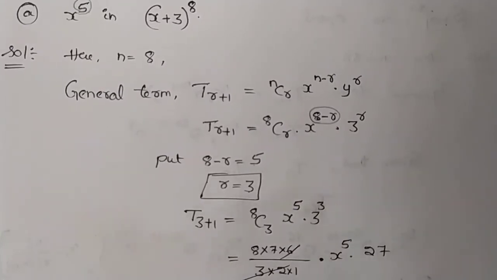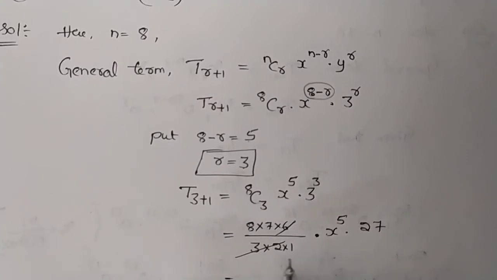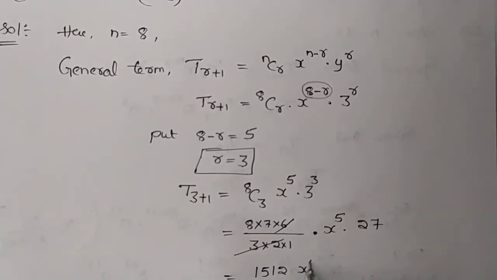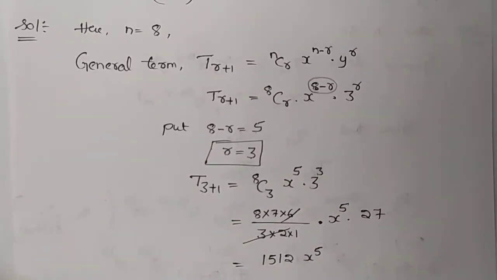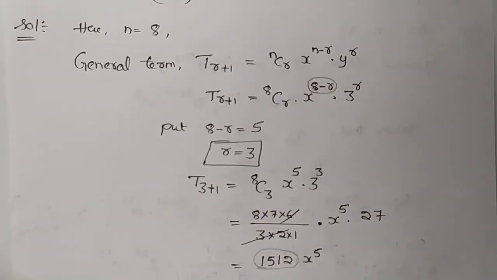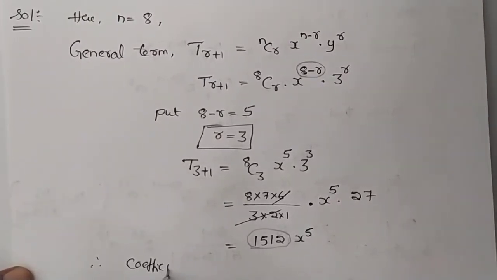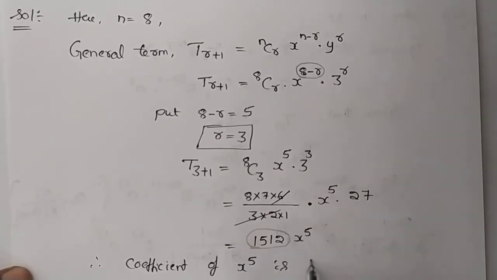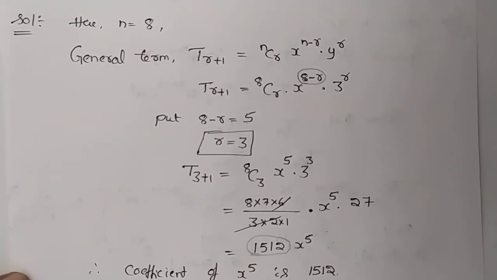So 3 twos are 6, 8 into 7 is 56, and 56 into 27 is 1512, into x power 5. But he is asking the coefficient of x power 5. The coefficient of x power 5 is 1512. Hence it is the solution.